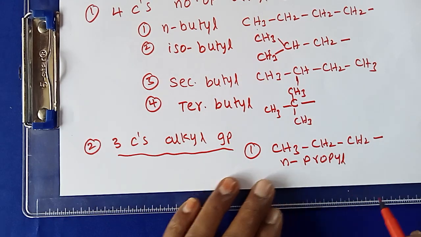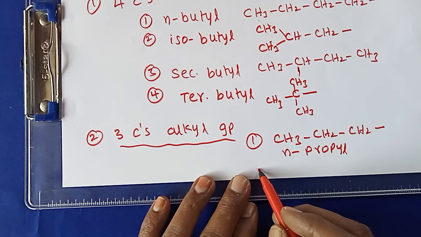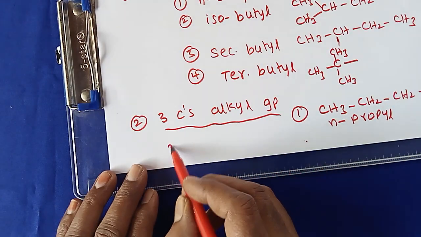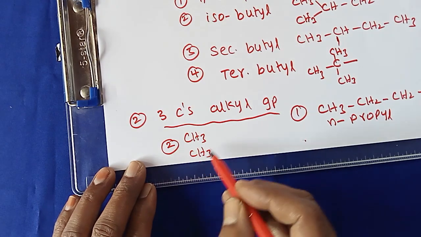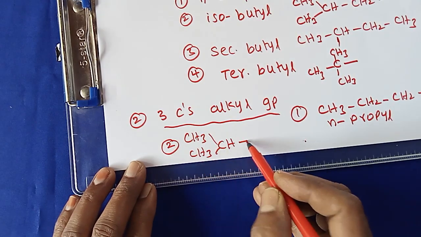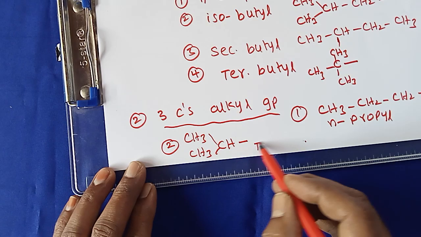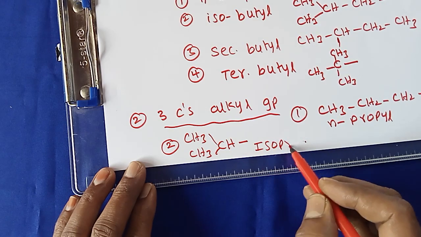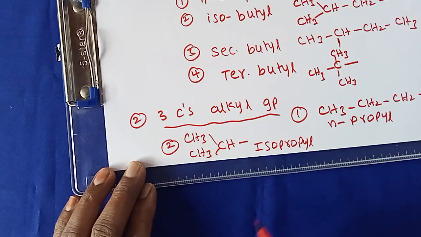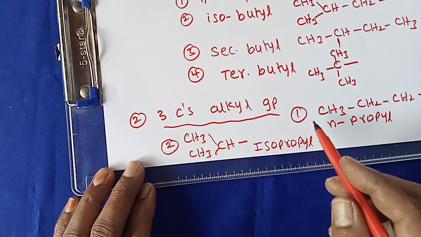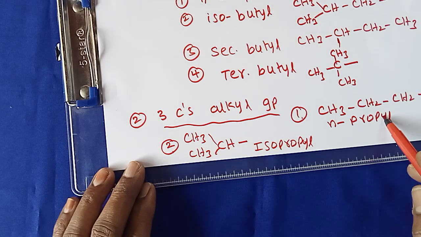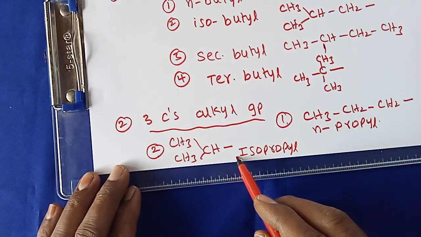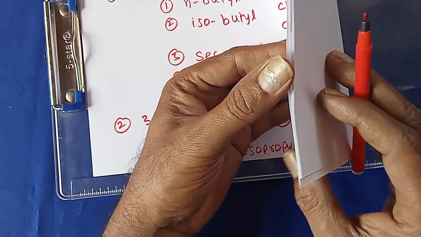Next, second one is isopropyl: CH3, again CH3, now CH bond. What is this name? Isopropyl. So with 3 carbons only 2: 1 N-propyl, 1 isopropyl.